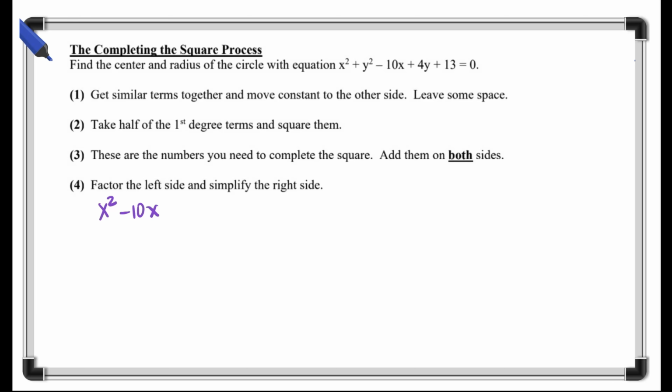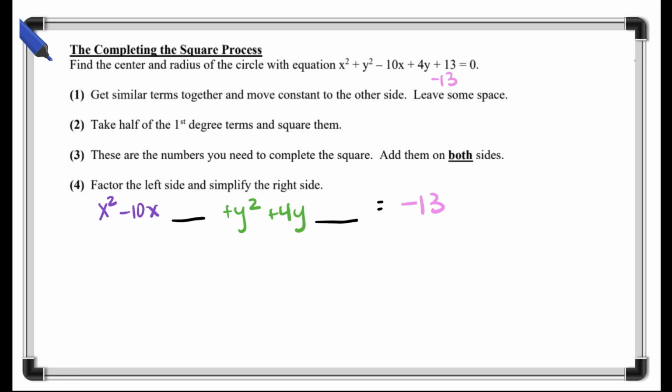We're also going to take y squared and this 4y and keep them together. And then again, remember we're leaving some space here, and then we're equaling, and we're going to move this 13 to the other side, so we will have to subtract.